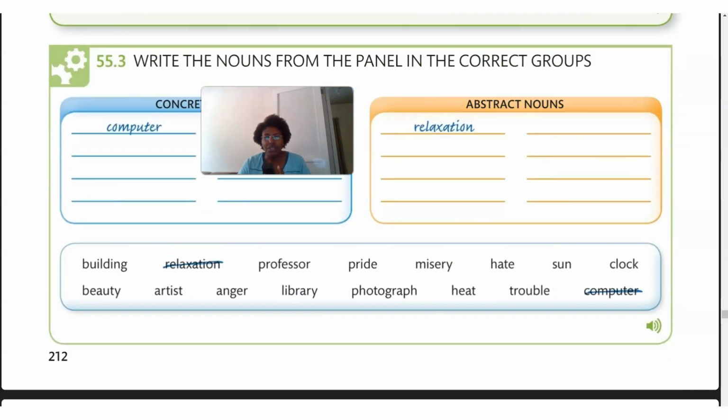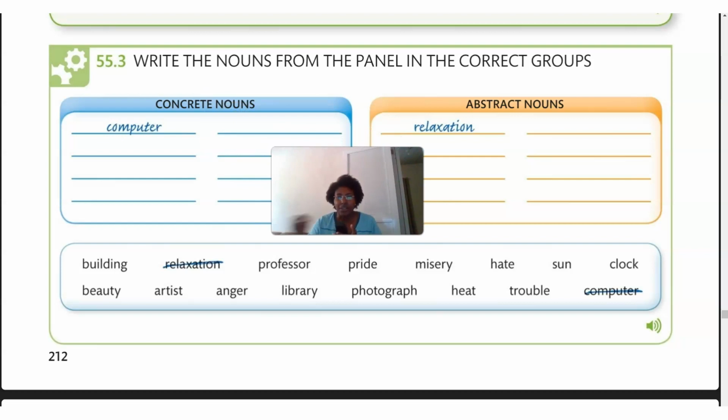So we have a list here of concrete nouns versus abstract nouns. Can you quickly put them into each category? You can pause it to see if you understand the idea. Let's go ahead and circle all of the concrete nouns, and we're going to be left with the abstract nouns. So which ones are concrete? Which ones can we feel and touch and see?